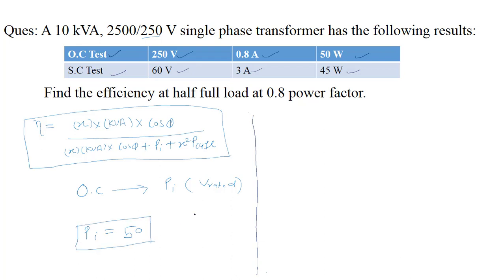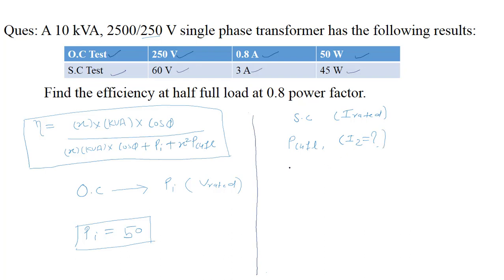Now see, the short circuit test. We know that if it is performed at rated current, it can directly give the value of PCUFL, full load copper losses. So first we have to find out the rated current on the high voltage side. So I2 we have to find out, so that we can check whether it is given at rated or not.